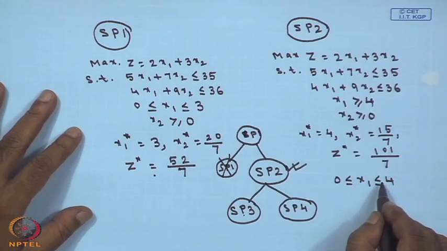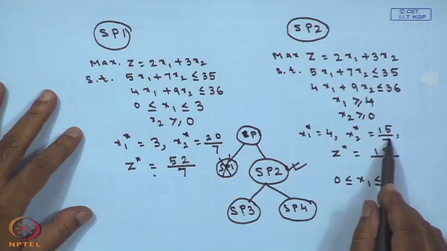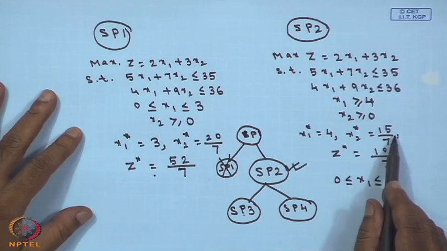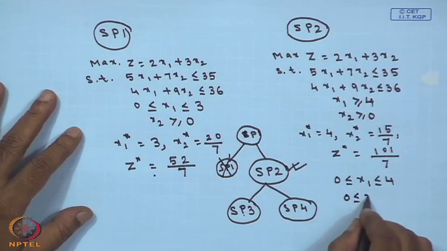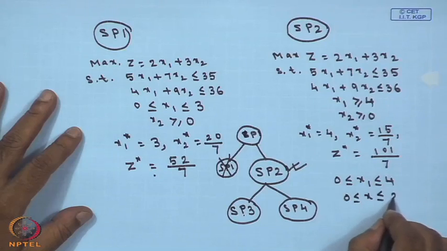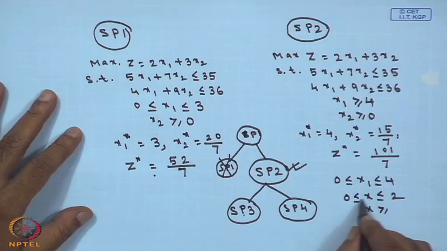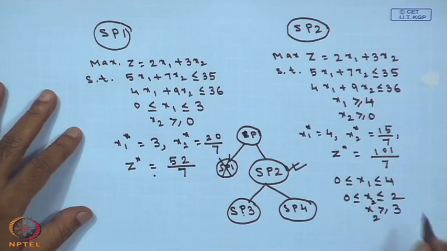And what is the bound for x2? x2 is 2 plus some fractional value, 2 plus 1/7. So, the lower bound of x2 will be 2. Either x2 will lie between 0 and 2, or x2 will be greater than or equal to 3.